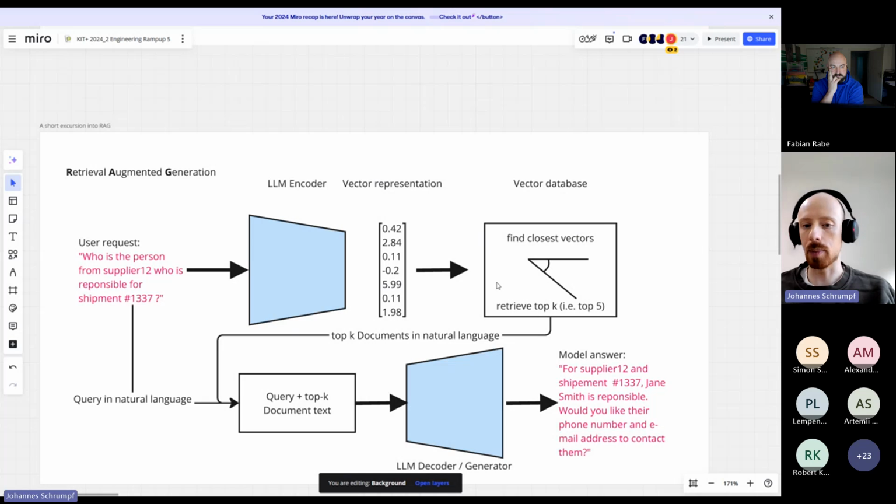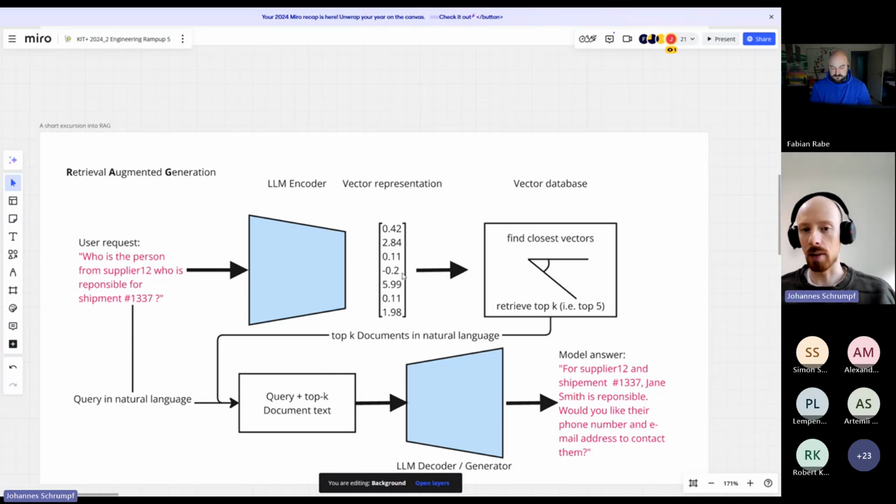So a vector database is nothing other than, you can imagine it to be like a traditional database where snippets of parts of our documents are saved as vectors. And how do we get to this representation? Well, we simply pass it through the same large language model and generate vectors from that.